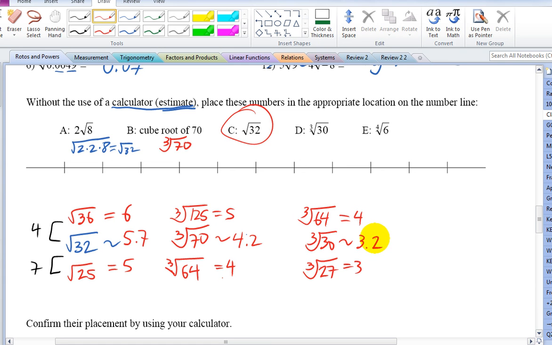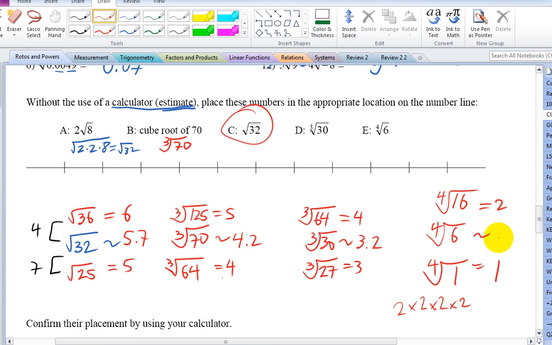Now the fourth root of 6. This one's really hard to do accurately. What's the fourth root of 1? Well, it's 1, right? 1 times 1 times 1 times 1. So, what's 2 times 2 times 2 times 2? 2 times 2 is 4, times 2 is 8, times 2 is 16. So what do you think this will be?